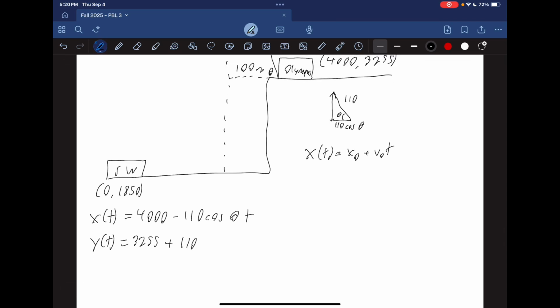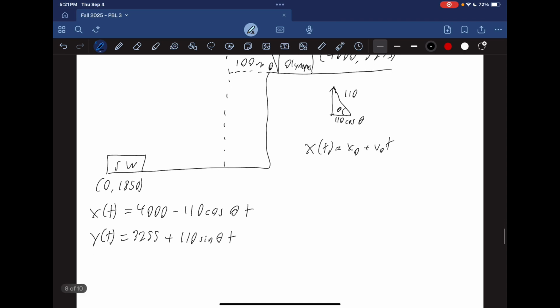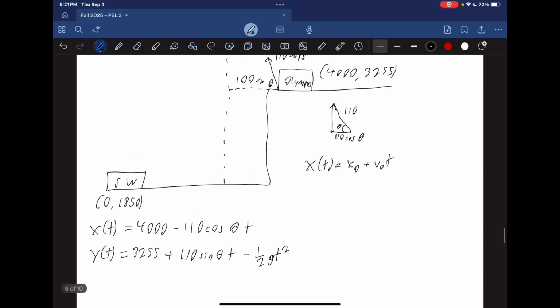And then that'll be 110 sine of theta times time. There is, however, one more important thing that we need to consider for our y direction, and that is the component of gravity. As soon as it launches, there's going to be a y component in the negative direction, which is 1/2 gt squared due to gravity.